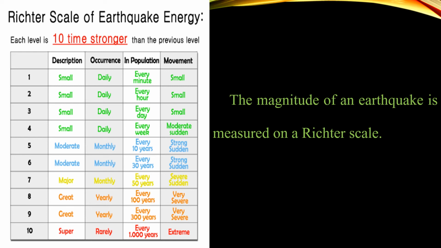On this scale, the vibrations of an earthquake with a magnitude of 2 are 10 times greater in amplitude than those of an earthquake with a magnitude of 1. And the vibrations of an earthquake with a magnitude of 8 are 1 million times greater in amplitude than those of an earthquake with a magnitude of 2. So I hope it is clear.